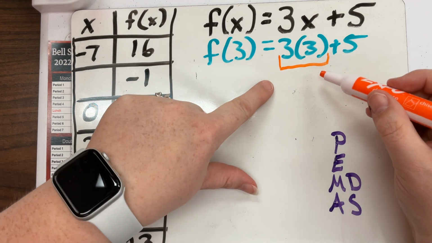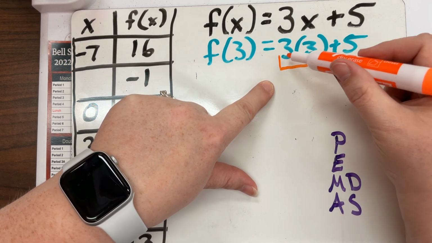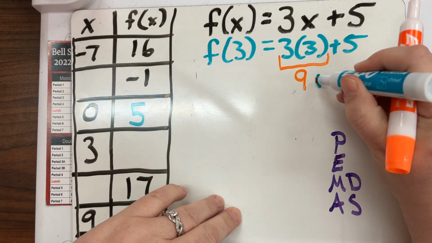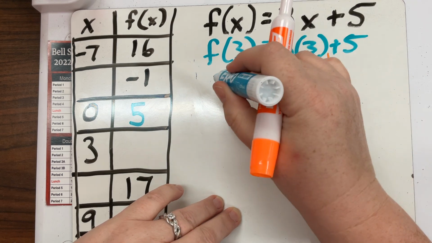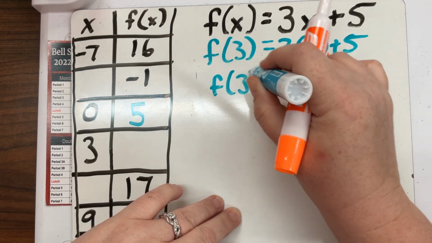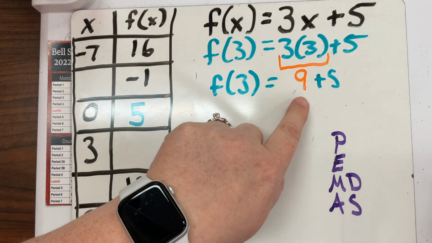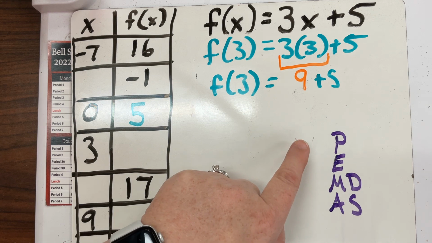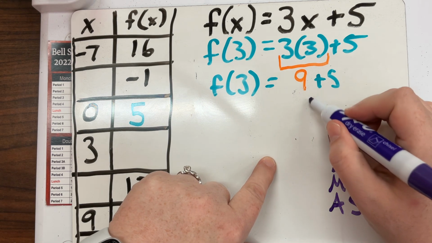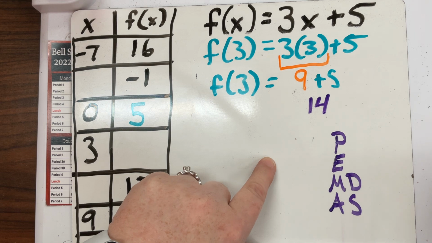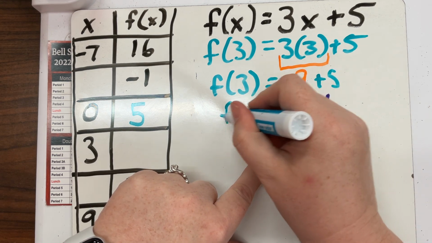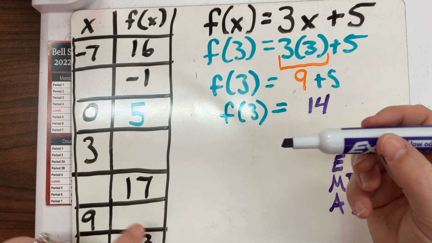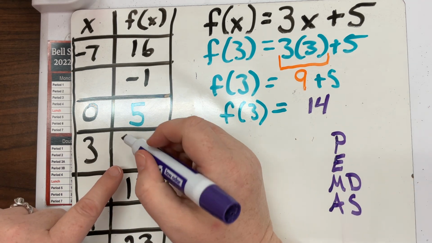And remember, I'm just combining like terms, so I only have to do it to one side. 3 times 3 is 9 plus 5 equals the function of 3. Now I'm gonna do this together. 9 plus 5 is what? 14. Okay, so 14 equals the function of 3. So I'm going to take my 14 and put it right here.